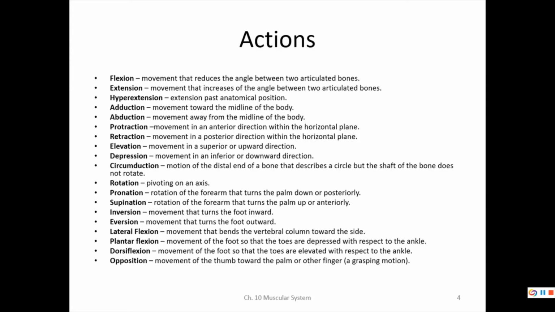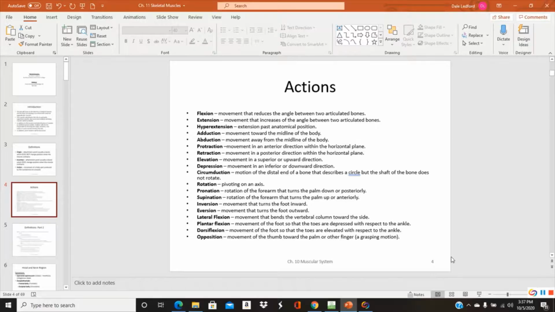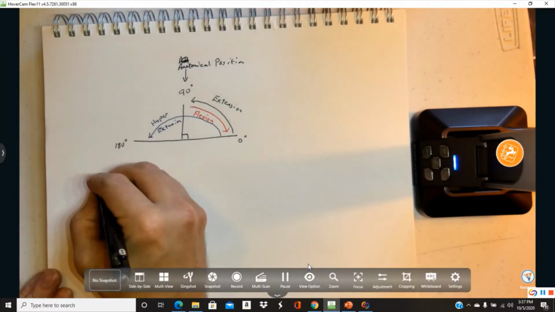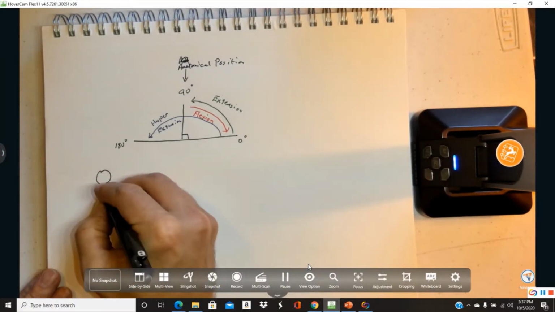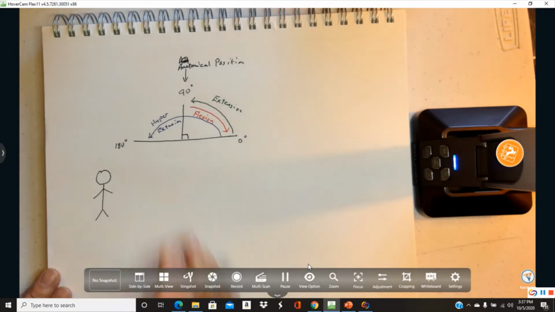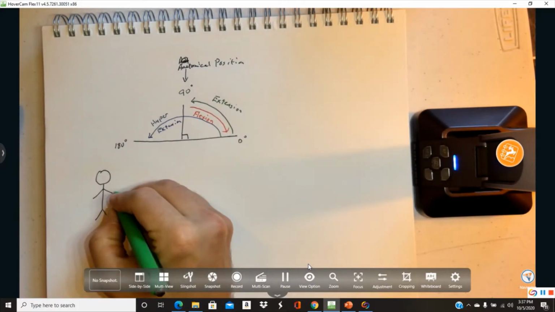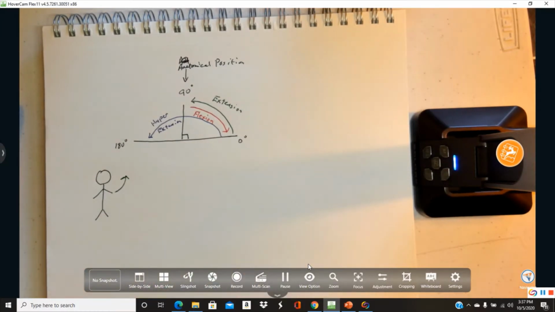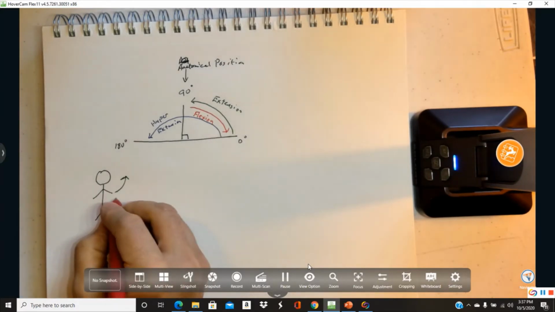Now, let's also talk about adduction and abduction. Adduction, abduction. I oftentimes hear when I am teaching this in the classroom, I really just keep it simple. If we take our arms here, for example, and we move them away from the midline, or we bring them back to the midline.